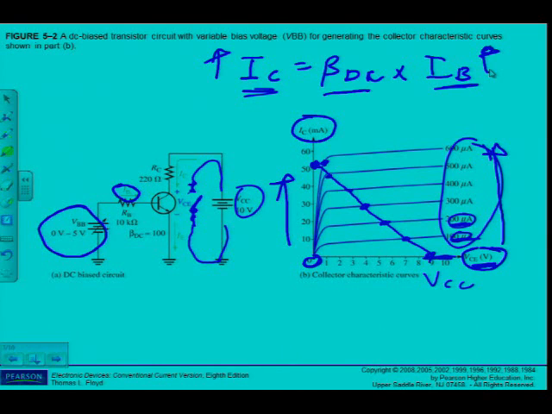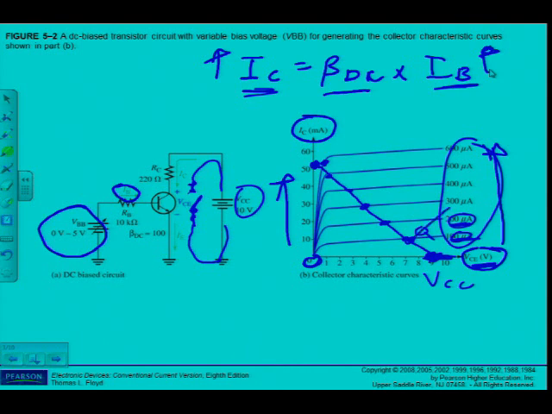Now we've just seen in the example that I should not bias my amplifier, the Q point, so that it is either too close to saturation or too close to cutoff. Let's look at the first example that we've seen. When I bias it so it is fairly close to cutoff, remember this is my cutoff point, let's make that my Q point.